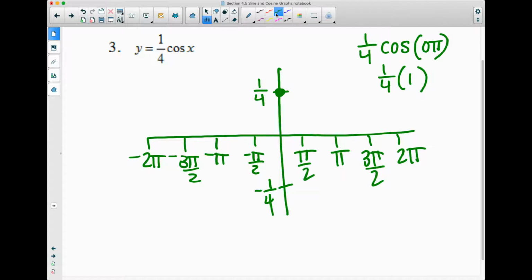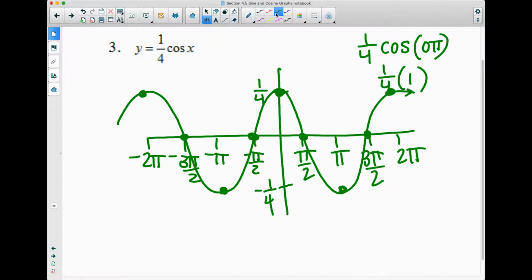So we know that our graph is going to keep following this pattern. But I can do that because I have my x and y axis set up correctly, so I don't have to evaluate from there on out. So it looks just like the one we did. Looks like the same size. It's actually compressed.